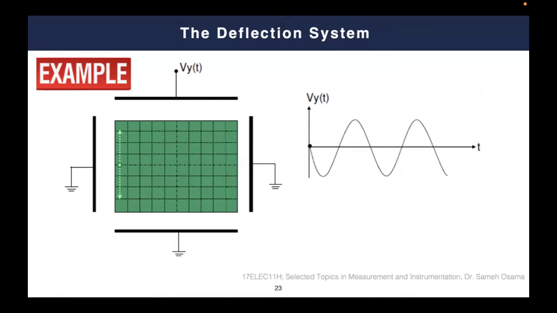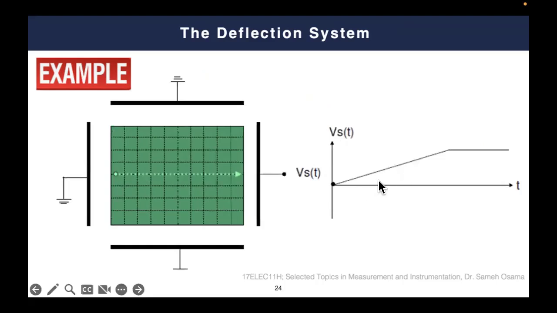So in order to adjust our oscilloscope to trace this sinusoidal signal, we have to have another action connected to the horizontal plates so that this action makes the horizontal plates scan from left to right. This happens by what we call the triggering signal.